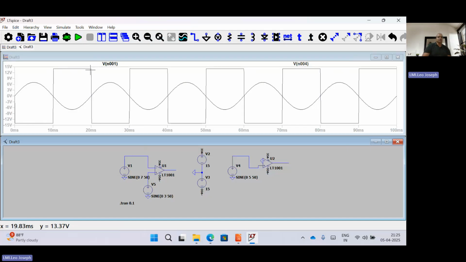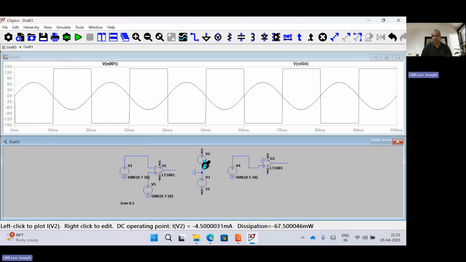So whether the circuit is grounded or given a reference potential, the flipping is only between minus V saturation and plus V saturation. This is only a comparison, which potential is greater, that's all. But the output is dependent on where this 15 volt is coming from. We are giving 7 and 3 only, but the 15 comes from the biasing voltage, which is 15.